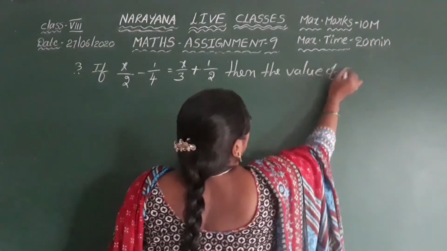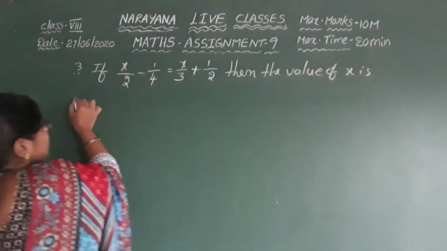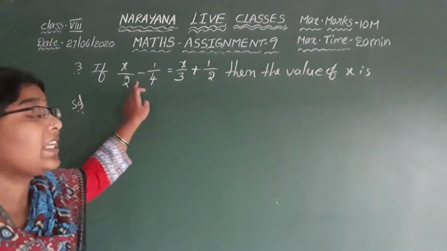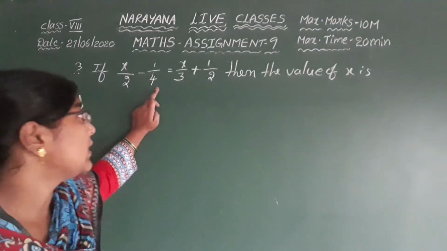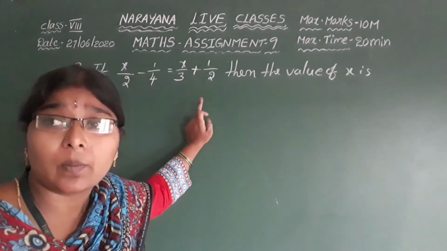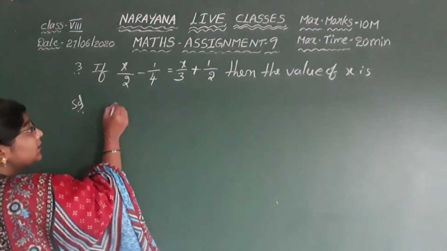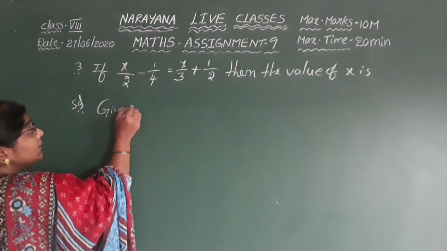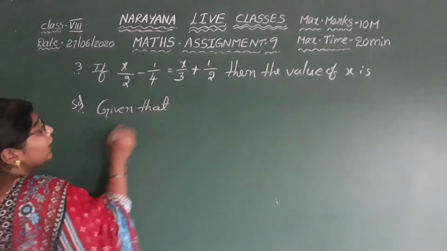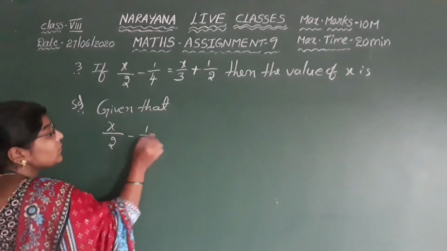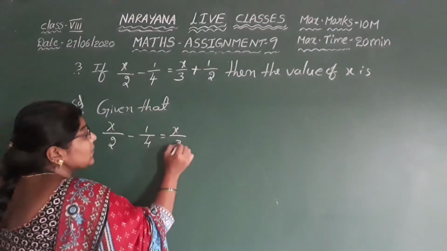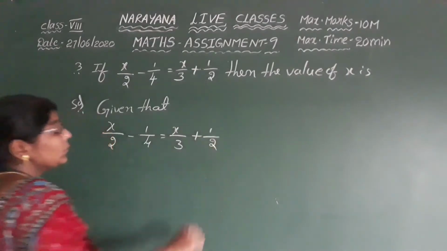So here, what is given in the question? x/2 - 1/4 = x/3 + 1/2 is given. So we take it here. Given that x/2 - 1/4 = x/3 + 1/2.